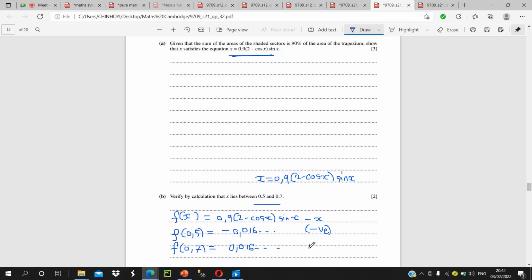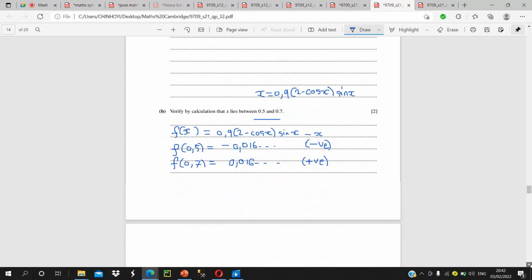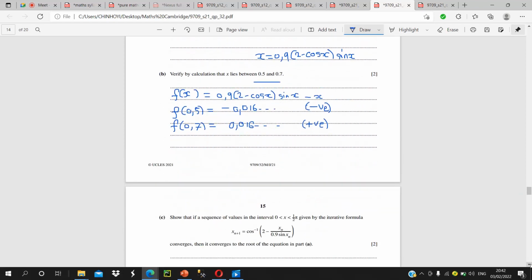Yes. So we are going to comment. Can you write your comment? Since there's a change of sign, it implies that the root lies between 0.5 and 0.7, right? Yes. And you have your 2 marks: 1 mark for comment and 1 mark for substitution.